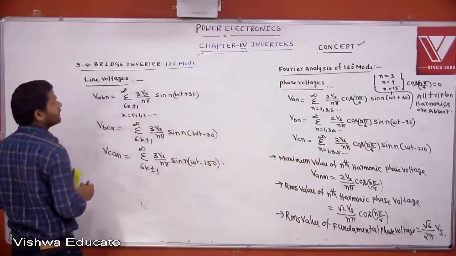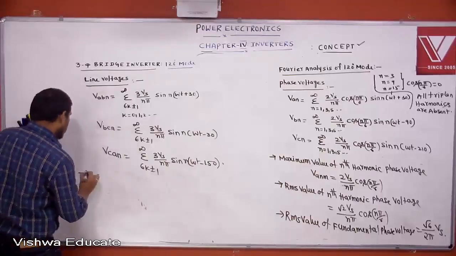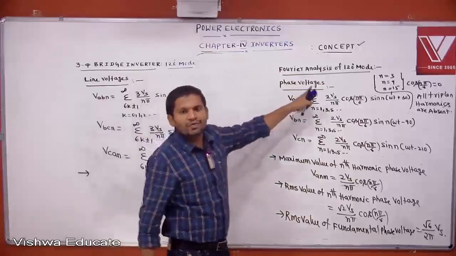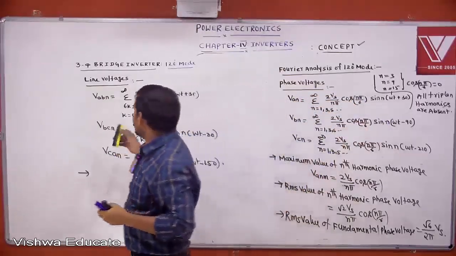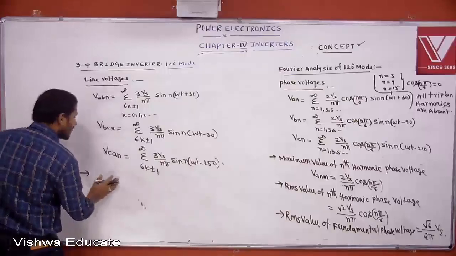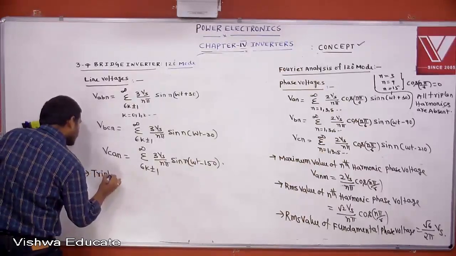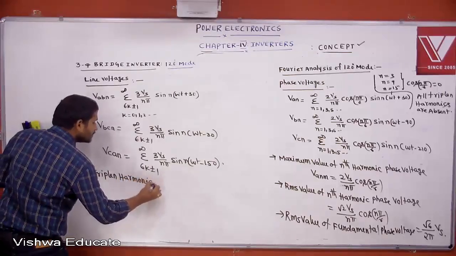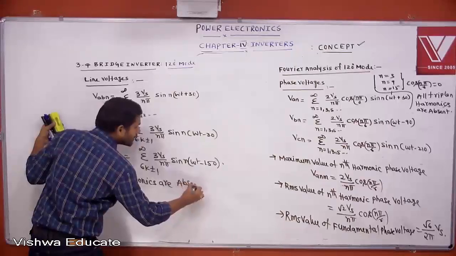This you can get. Therefore, in line voltage also, in 120-degree mode, because of quasi nature, as in phase voltages, triple n harmonics are absent.